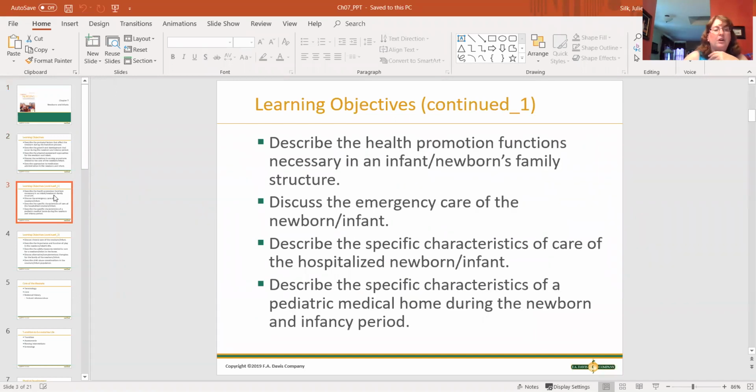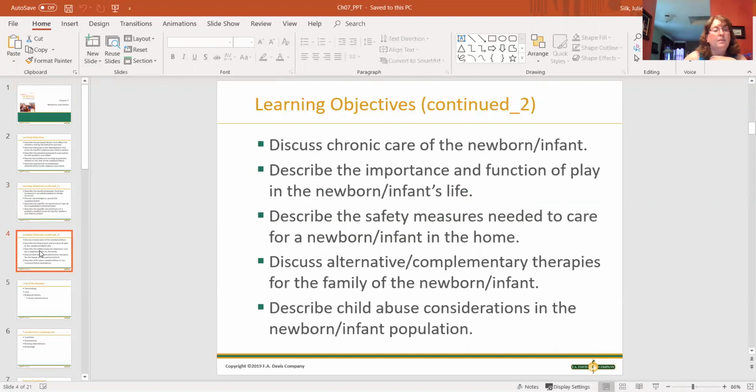Other things that we're going to do: describe the health promotion functions necessary in a newborn and infant family structure, discuss the emergency care of the newborn and infant, describe the specific characteristics of care of the hospitalized newborn infant, and also describe the specific characteristics of a pediatric medical home during the newborn and infancy period.